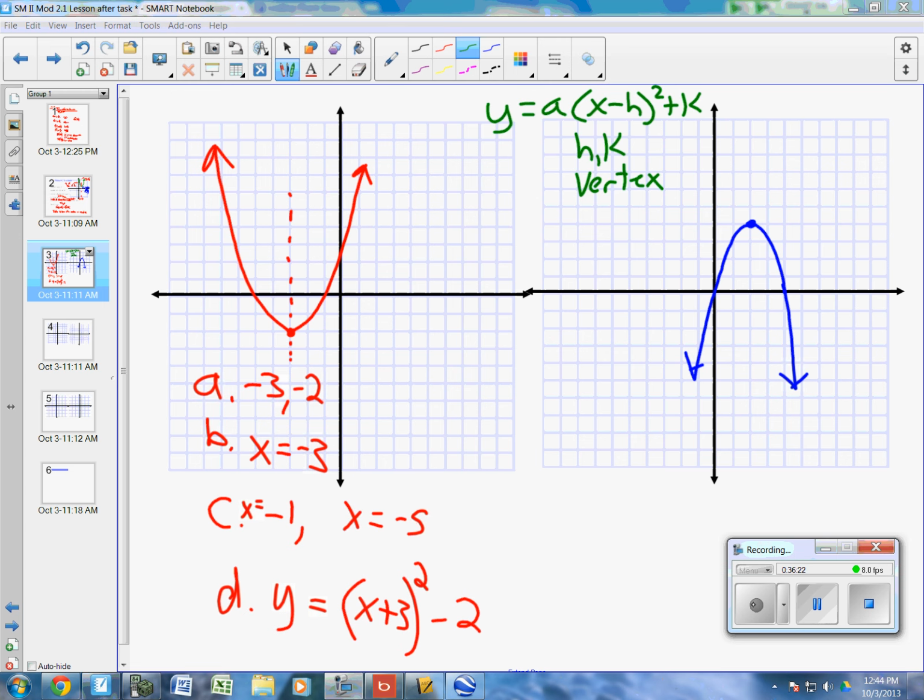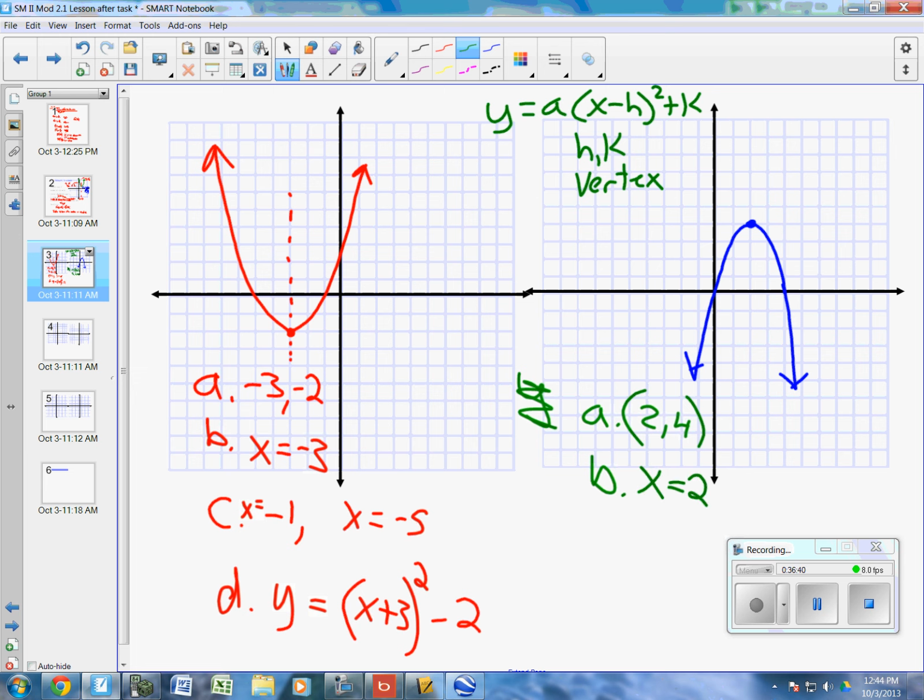Okay, here we go. Question A is 2, 4, right? The vertex is at 2, 4. B is x equals 2 because every x coordinate of the axis of symmetry is 2.